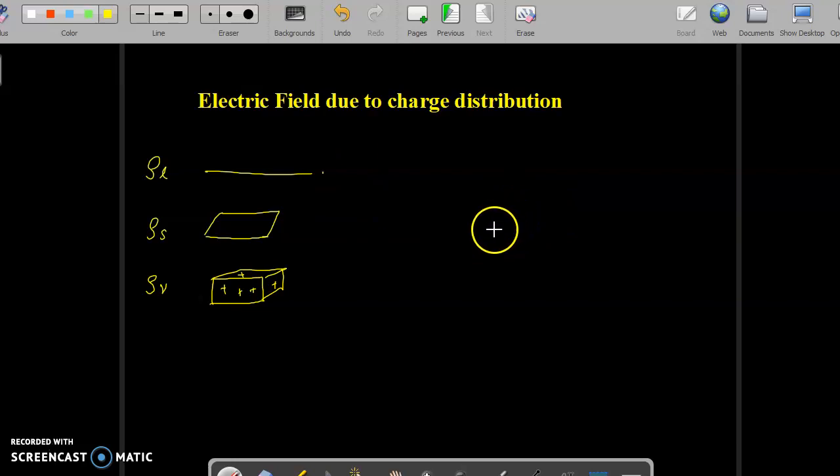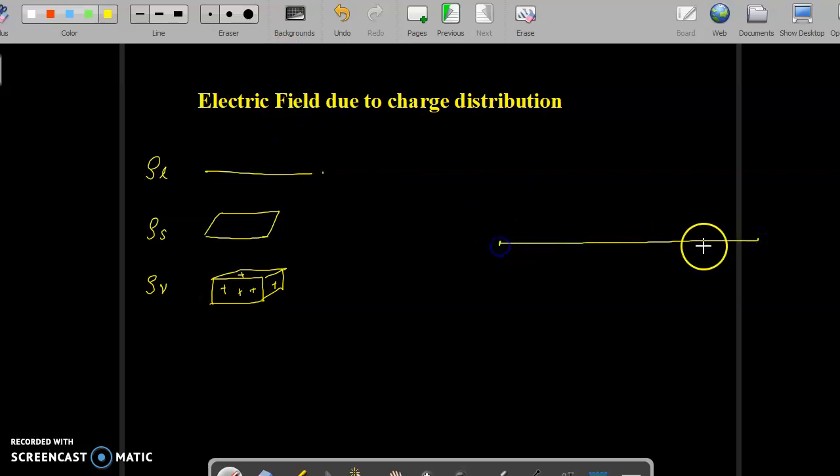Let us now see what we can do to bring a mathematical relationship between the charges distributed and the electric field intensity. For that, let us consider a line charge distribution.